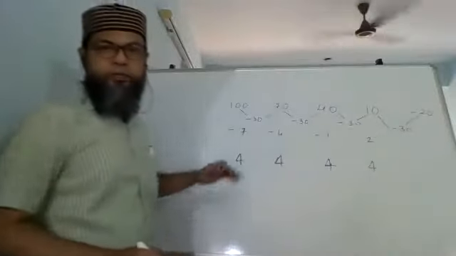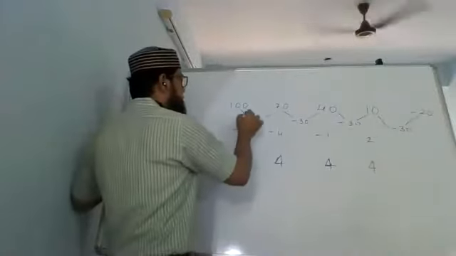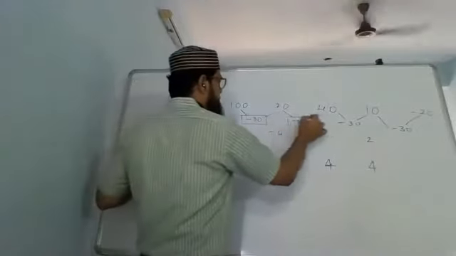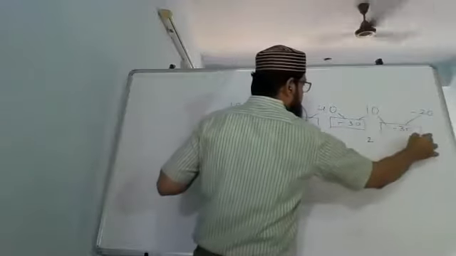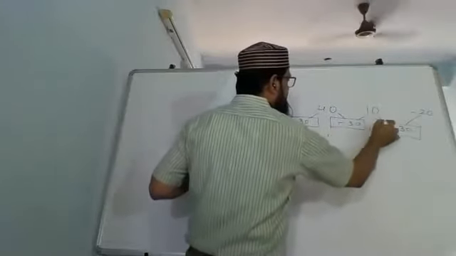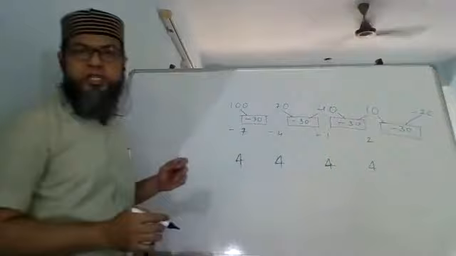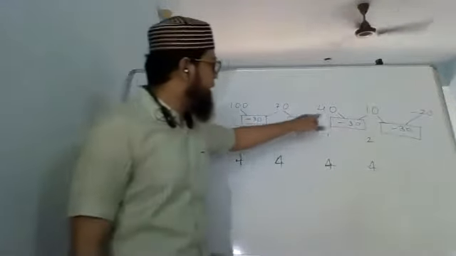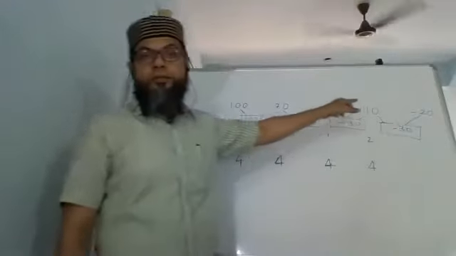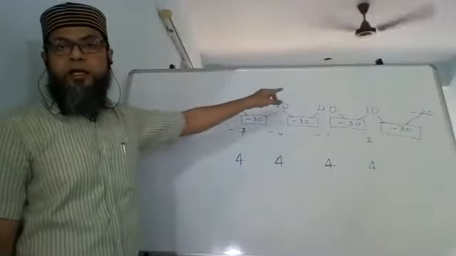So you'll see here, in the first sequence, I have to subtract 30 from each of these numbers. This minus 30 is constant.